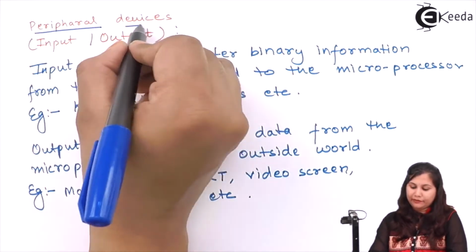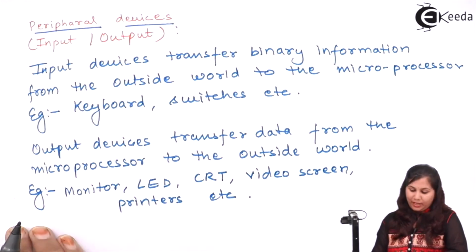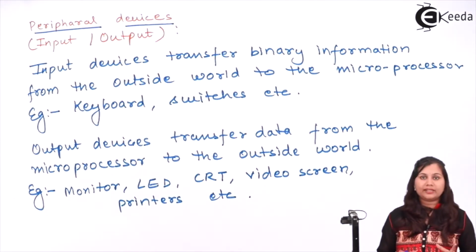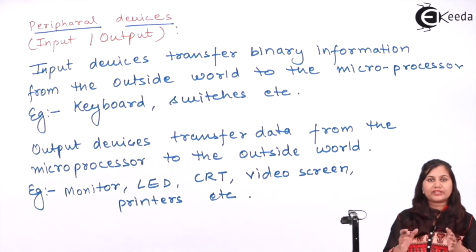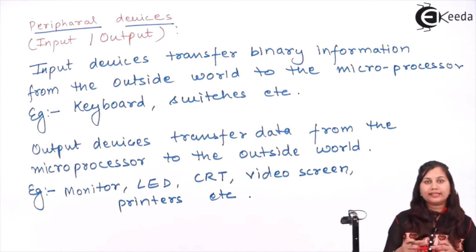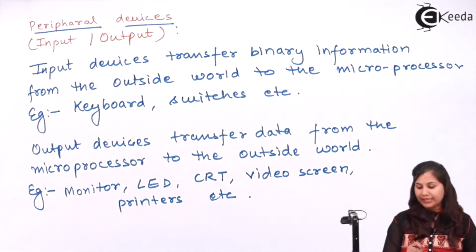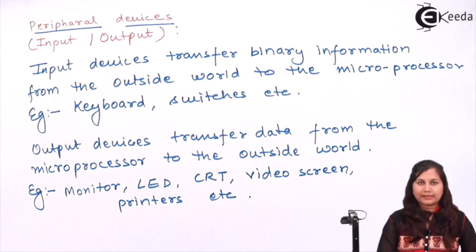Now, we have studied the various components like ALU, register array, control unit, memory, and peripheral devices, and the communication link between these components, that is how the data is going to flow from one component to the other component, is provided by the bus.